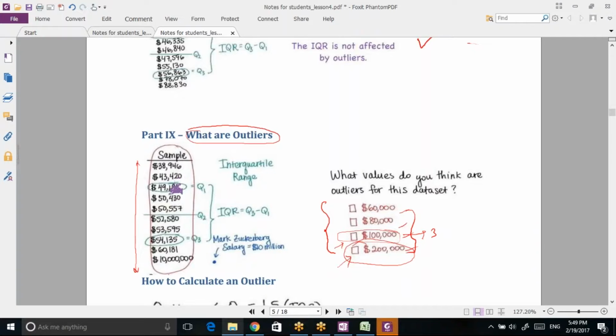No, but here we have data till 60,000 only. I think you didn't get the question correctly. You are thinking which of these 4 is an extreme value, right? No, I am asking what values you think are outliers for this data set. I marked it over here also.